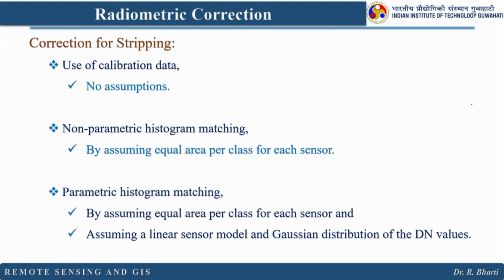Then next is parametric histogram matching by assuming equal area per class for each sensor and assuming a linear sensor model and Gaussian distribution for the DN values. So, these are some corrections we apply, and what is the basic logic of that, you can understand from here, right.